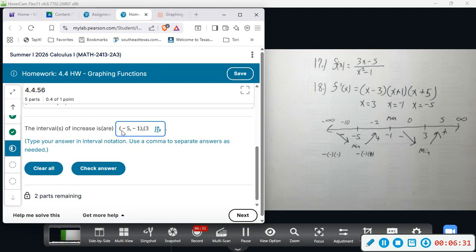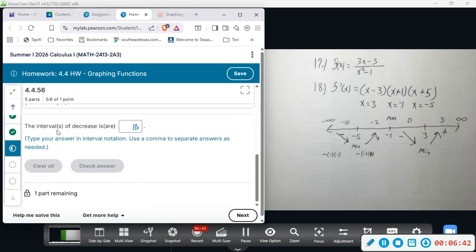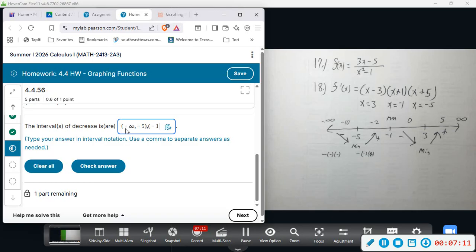All right, decreasing intervals: -infinity to -5, and -1 to 3.